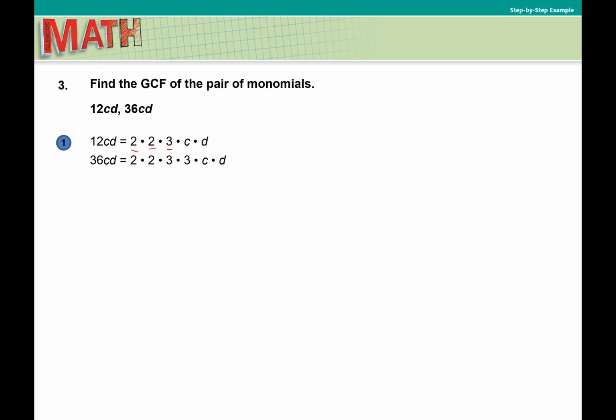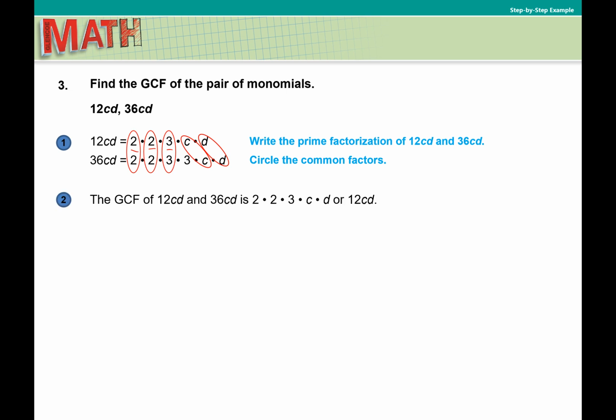And then 36cd is 2 times 2 times 3. 2 times 2 is 4. 4 times 3 is 12. 12 times 3 is 36, times c times d. And then we circle our common factors. We see that I have everything in common except for that last 3.